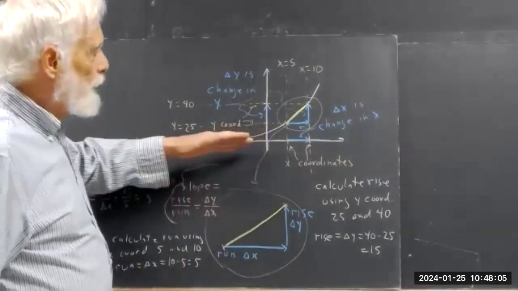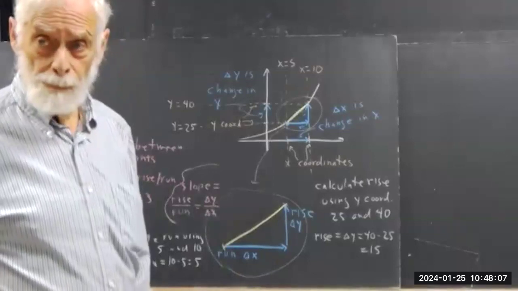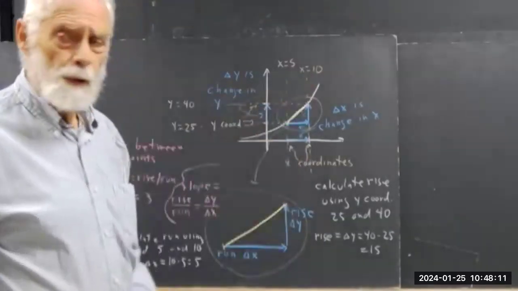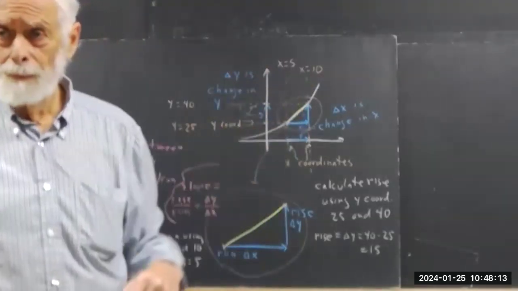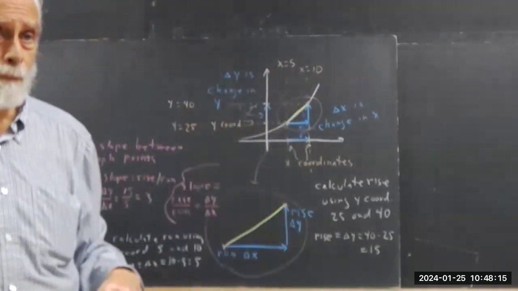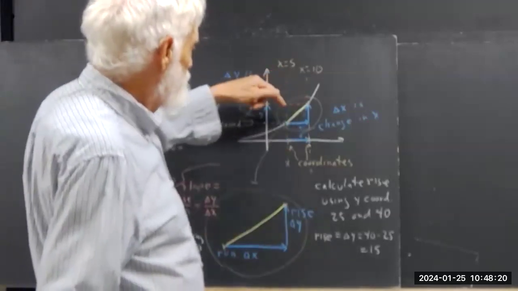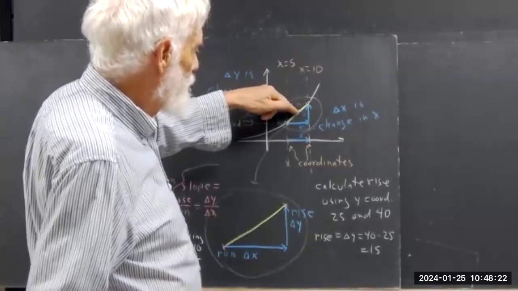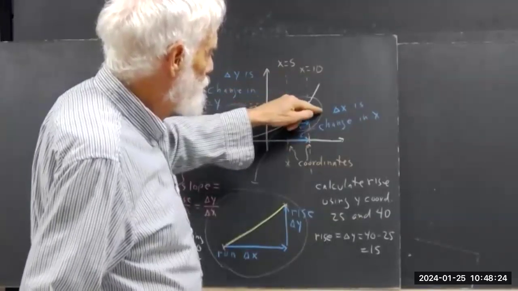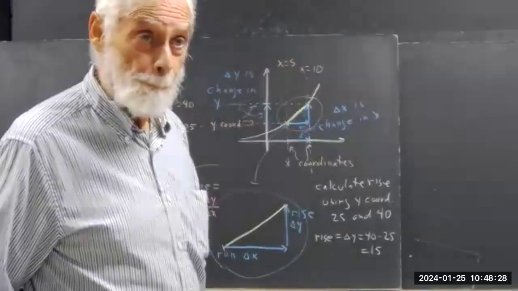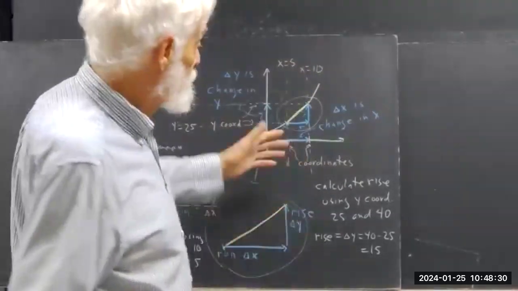Now, what's happening to the slope of this graph? If I calculated the slope at a later point, would it be more or less? Well, you can think, if I calculate even starting from this point and go an equal distance for the run, I'm going to have to go up further because the graph is getting steeper, right? So I'd say the slope is increasing.